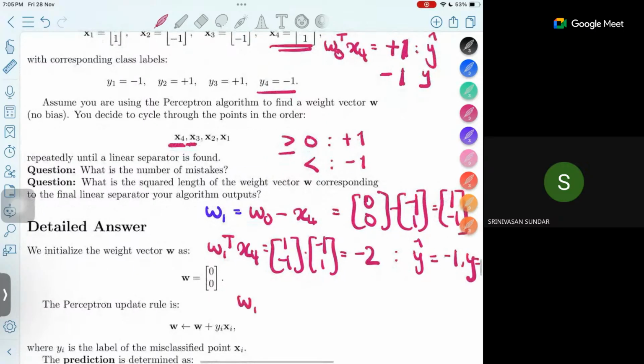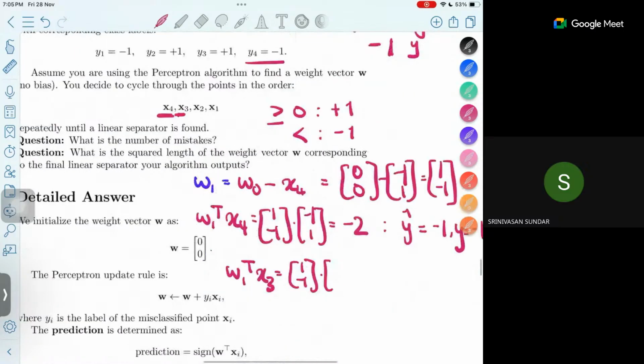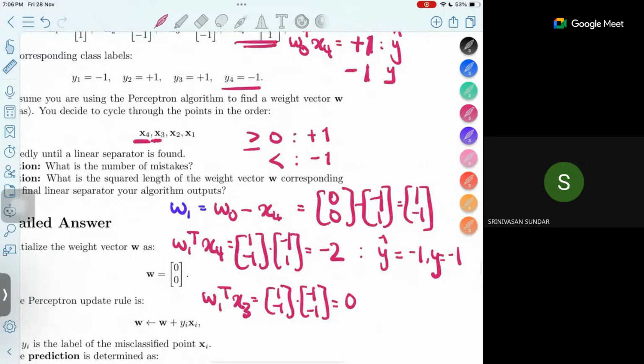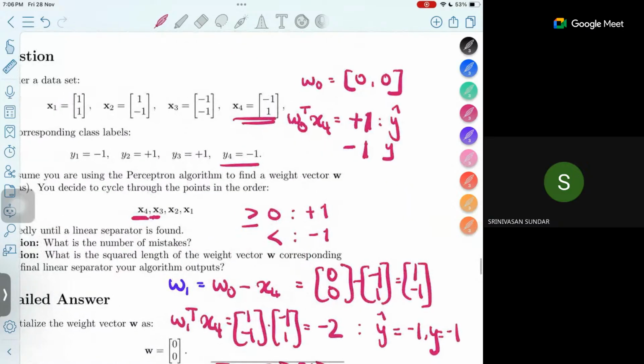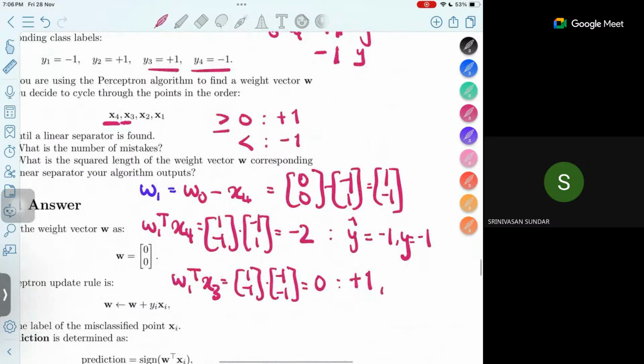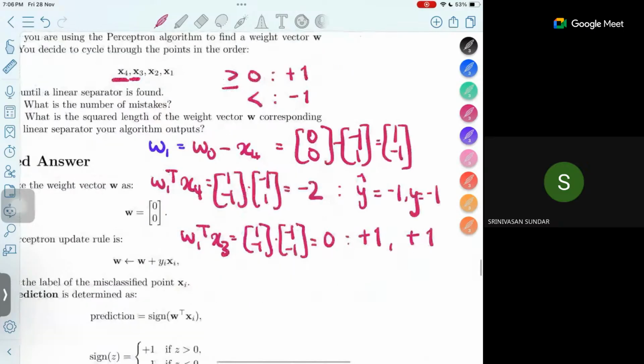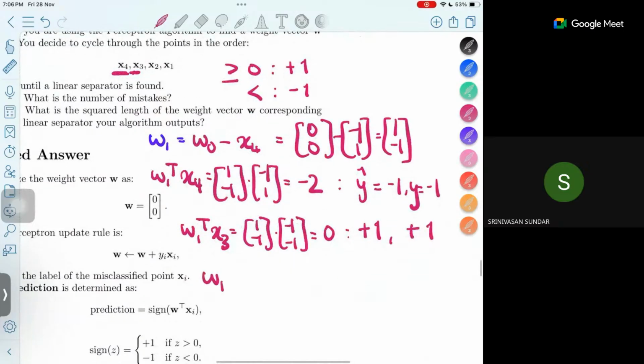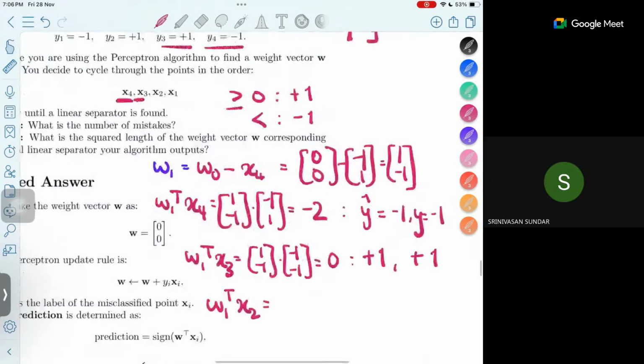So W1 transpose with x3 is giving me 1 comma minus 1 dot x3, which is minus 1 comma minus 1. This is 0, right? So I'm assigning it the label plus 1. Here the label is plus 1 only, so this is also correct. And let's go to x2 now.